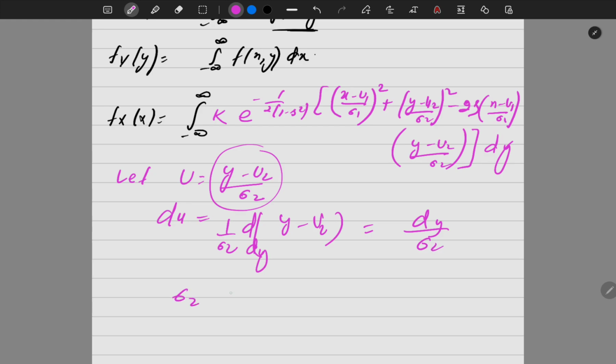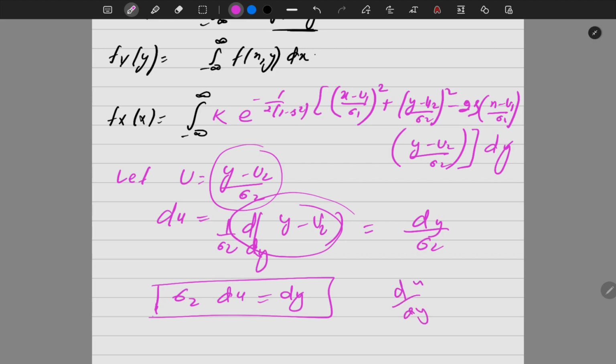So sigma 2 du is equal to dy. The differentiation of this quantity is dy, as you know, right?